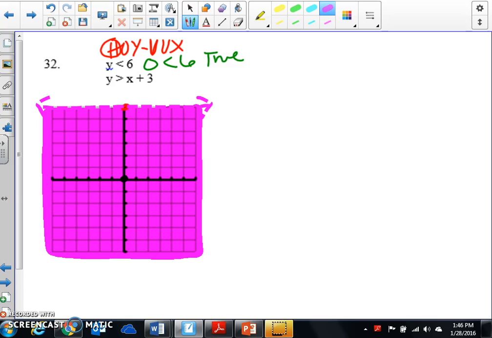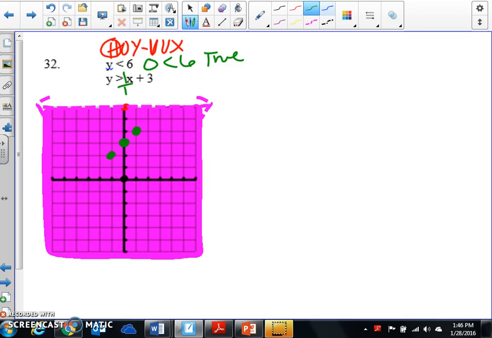Now that I just used purple, I'm going to make sure I have yellow on my next one. All right, this one's already in y equals mx plus b for us, so I go to positive 3. And then up 1 over 1, down 1.